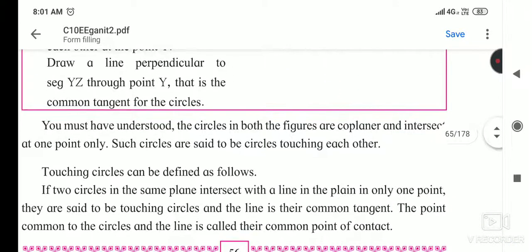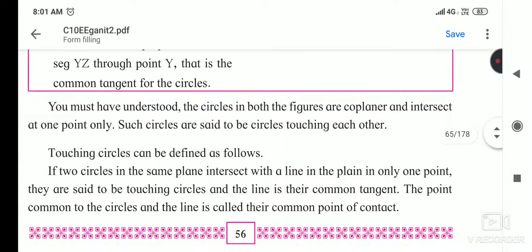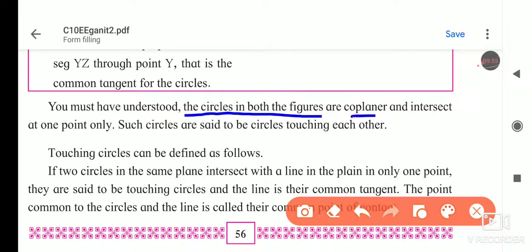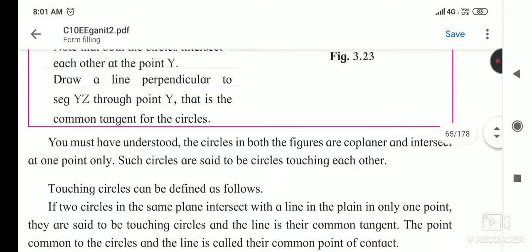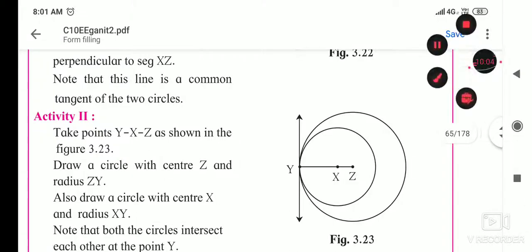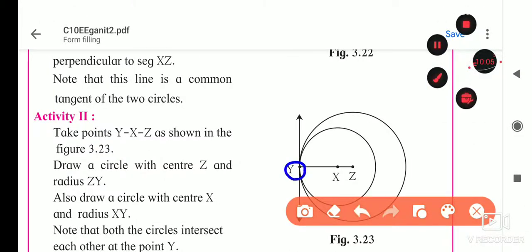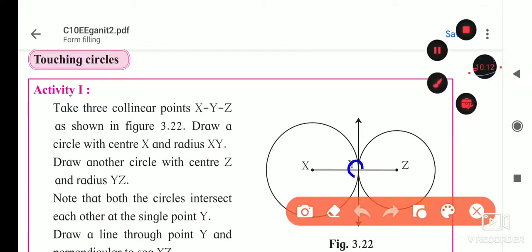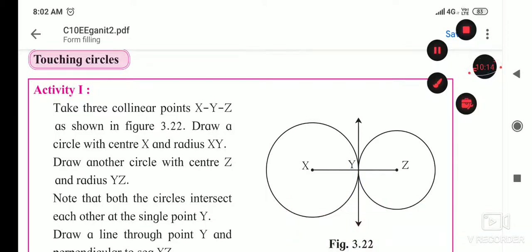Now here is what we understood from both. The circles in both the figures are coplanar, they lie on one plane, and they intersect at only one point. Here they touch each other at only one point, that is Y, and in this figure also they touch at only one point, Y. They are on one plane.